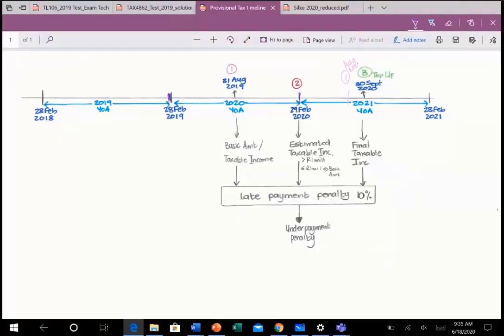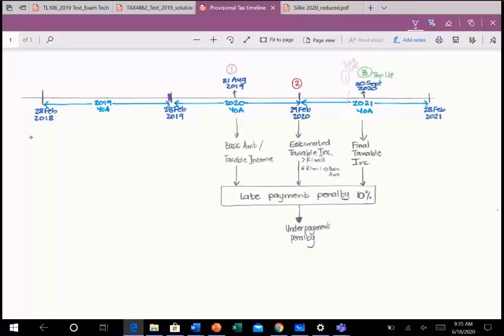So what do we do? Well, then we go and look at the previous year of assessment. That would be my 2018 assessment. Provided I have my 2018 assessment before the 17th of August 2019, I will use whatever amount is in that assessment.